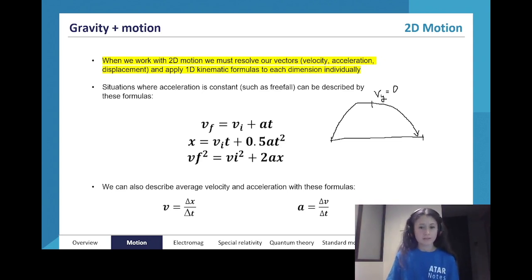Remember, the reason why the maximum height occurs at Vy equals 0 is because the projectile is decelerating, or getting slower and slower, when it's moving upwards because the force of gravity is acting against it.